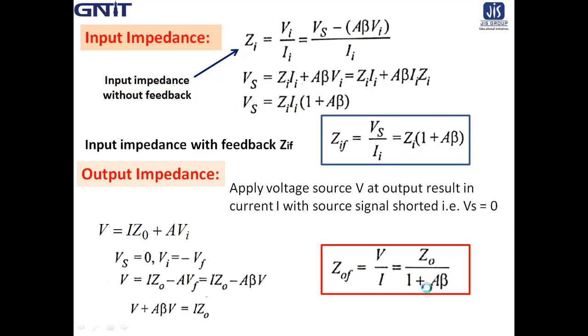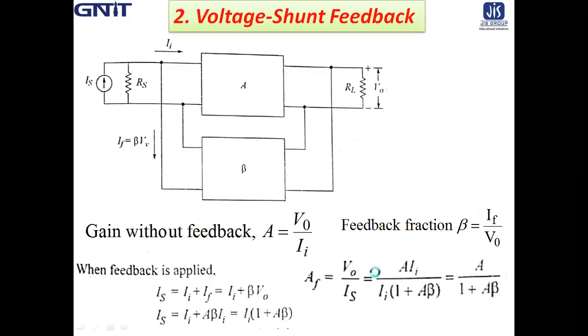Next is the voltage shunt feedback. So this is the circuit. Voltage shunt means voltage sampling and shunt mixing connection.